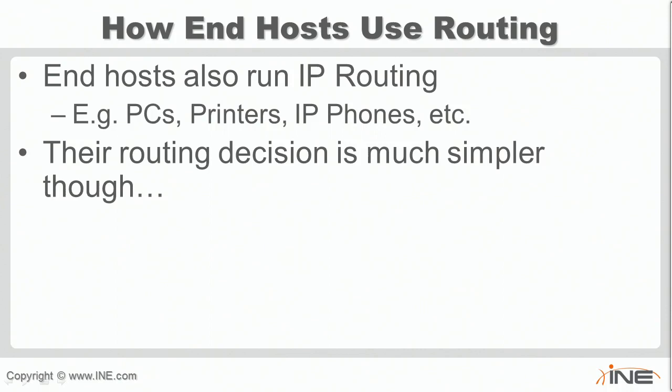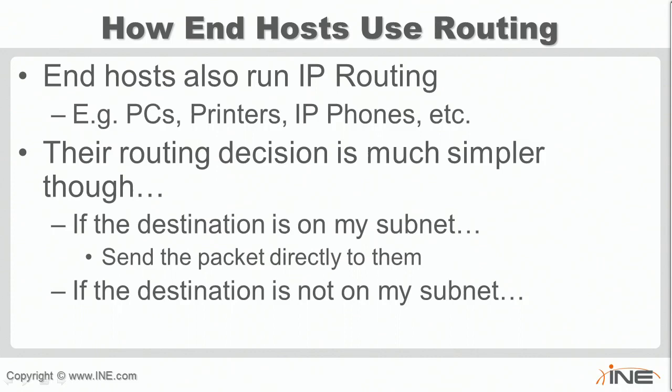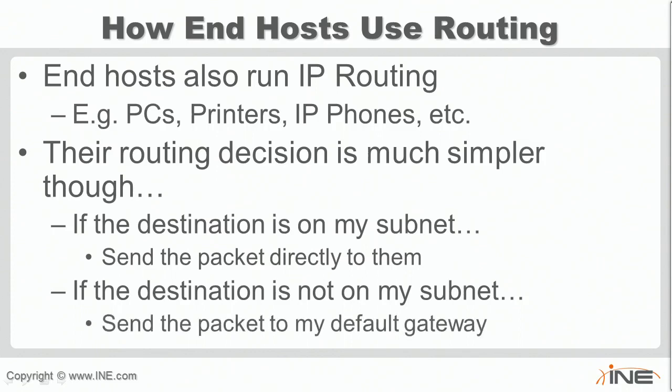They need to figure out: is the destination address on my subnet? If it is, I'm just going to send the packet directly to them. But if the destination is in a different subnet, then I need to send it to some gateway or router on the segment that will route the traffic on my behalf.